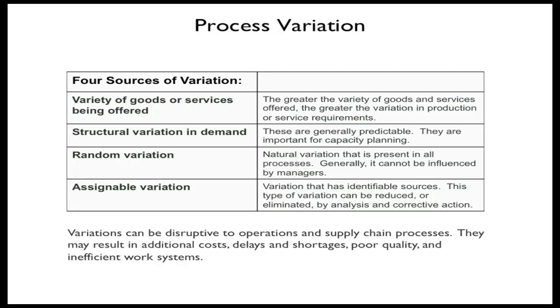Well, let's put a little refrigerator right next to the preparation area where he can have some stuff there. So when he's getting ready to make a salad, he just opens the door. That's an example of assignable variation, where you know how long that's going to take, and you actually correct it. Variations can be disruptive to the operations supply chain process. They can cause additional costs, delays, shortages, poor quality, and inefficient work systems.